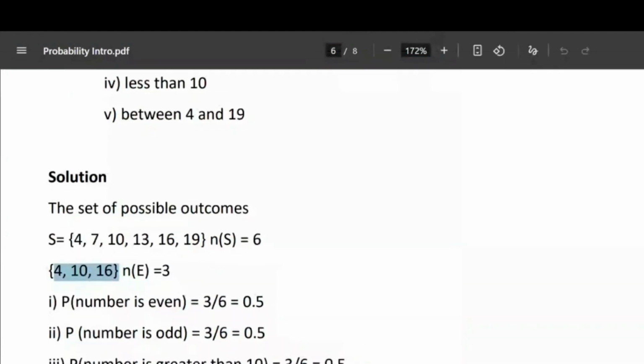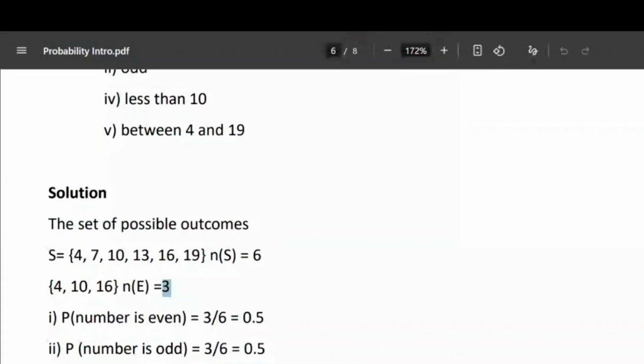So there are 3 numbers that are even out of the 6 numbers. So the probability of an even number is 3 out of 6, and that is 0.5 or half. So even numbers alone occupy half the space.